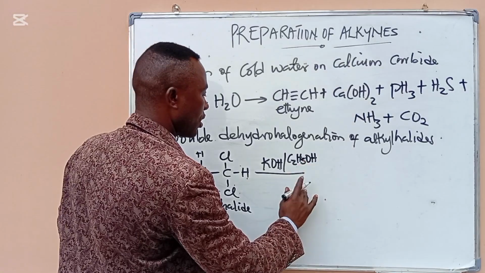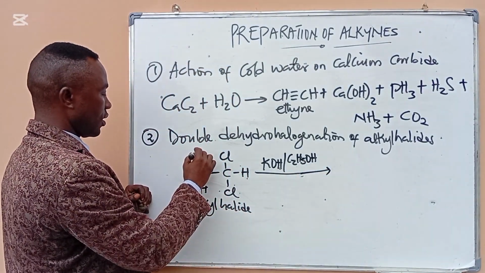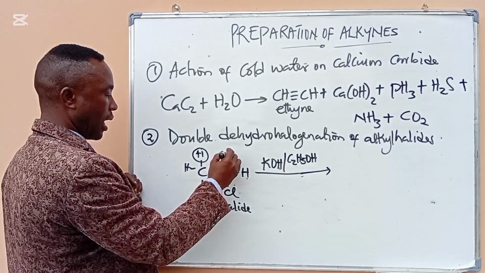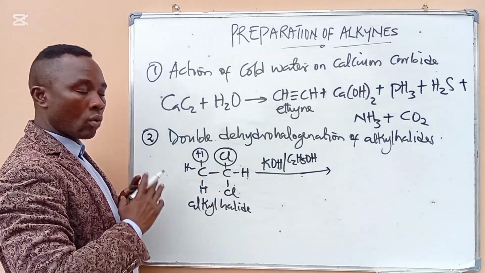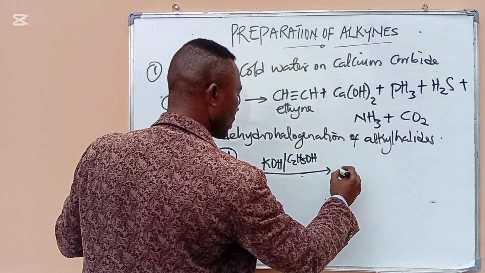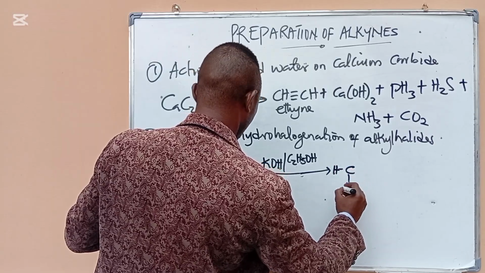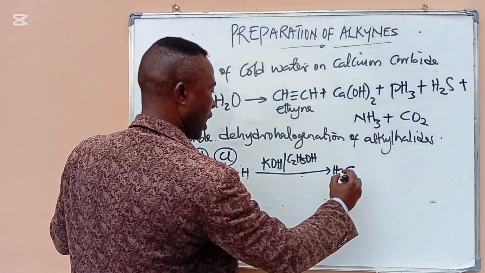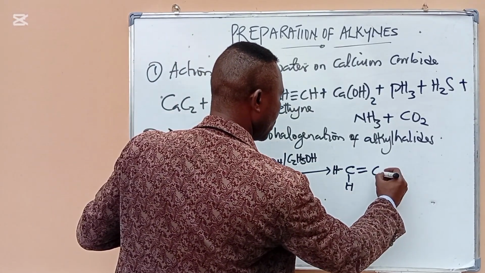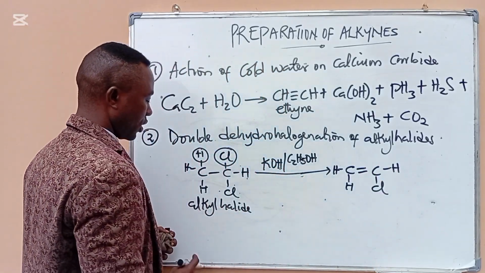Now, if we have this, hydrogen and halogen go off. What we will now have remaining is CH, we have an H, then we have a double bond, then we have C, we have H, and Cl.